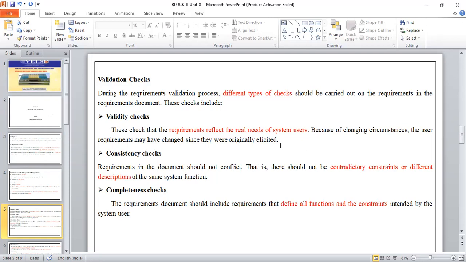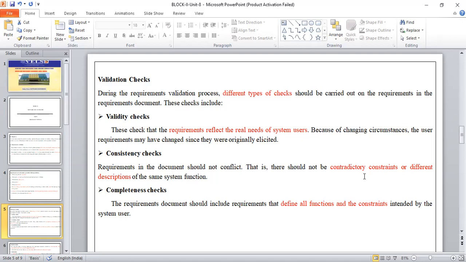Consistency check. The requirements in the document should not conflict with one another. That is, there should not be contradictory constraints or different descriptions of the same system function. Suppose we have a system function to do some work; in different places, we should not have different specifications for that.